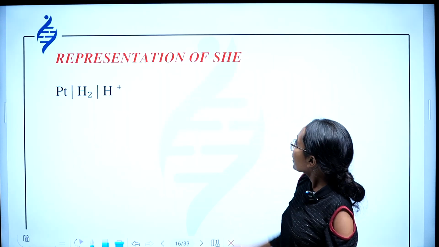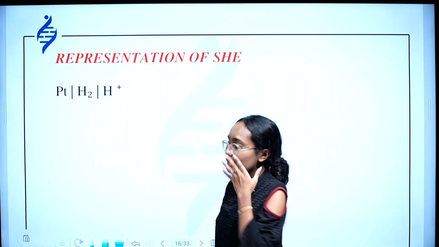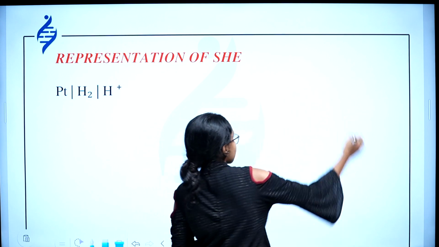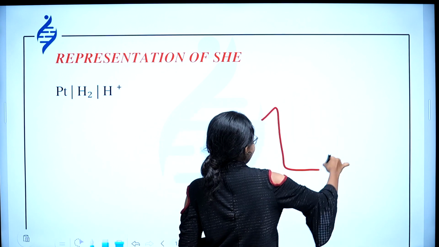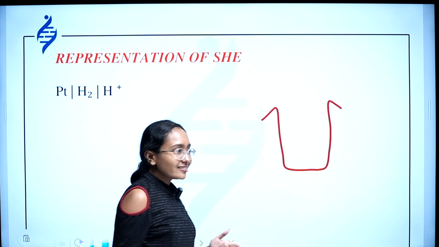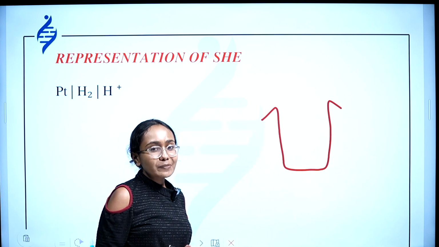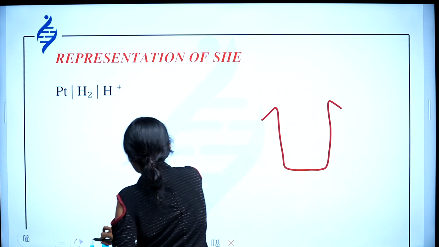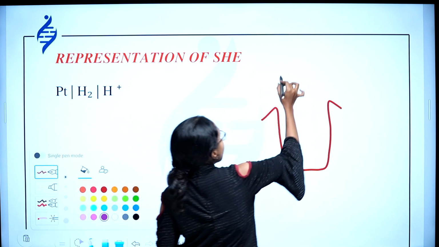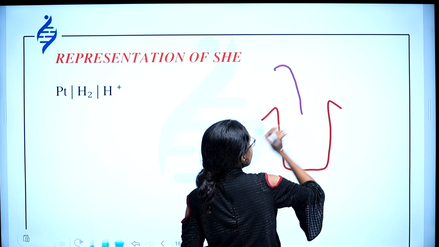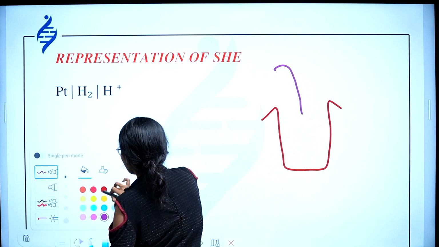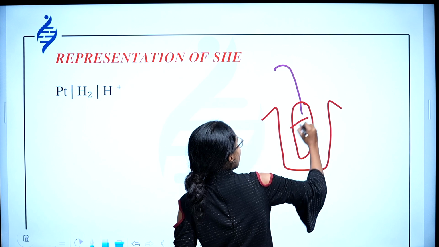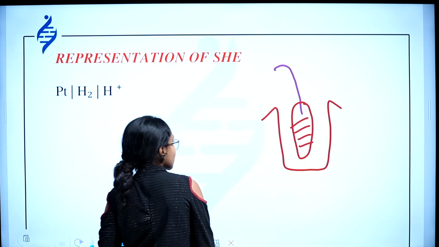Now, representation of SHE, the cell representation. Before that, we need to know how SHE is constructed. Again, consider a beaker. In electrochemistry, we are full of beakers, right? Consider a beaker, and we are using a platinum wire, which is dipped in a glass tube.